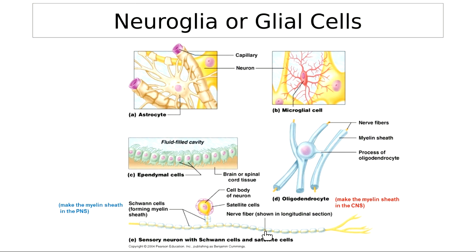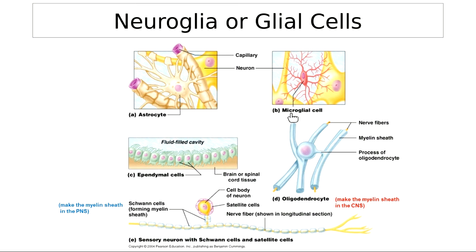When the nerve fibers are myelinated, the region is called white matter due to the lipid content of the oligodendrocyte's membrane. If the region isn't myelinated, then it's called gray matter. And usually the cell bodies of neurons are not myelinated, and that's the gray matter. Number 3 is microglia.